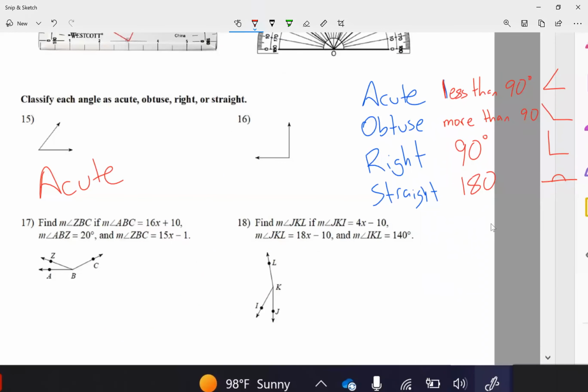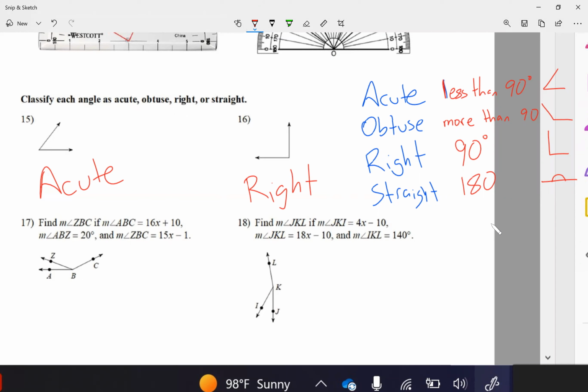It looks like an L shape, just going to the left. So in that case, I'm going to call this right. Cool, so it's not that bad. Acute are small angles, remember, cute. Obtuse are big angles, right are 90, and straight 180.